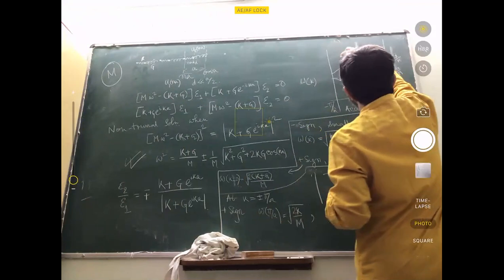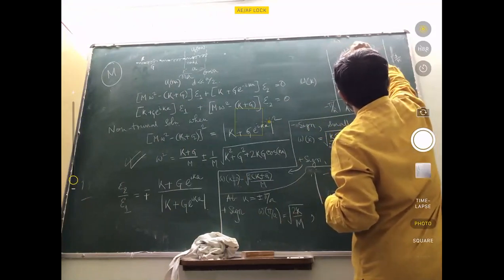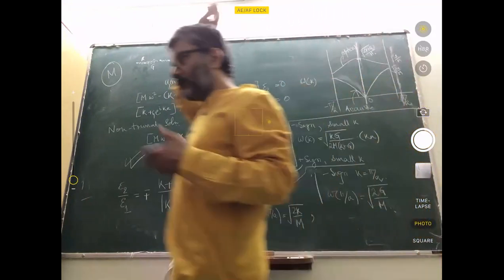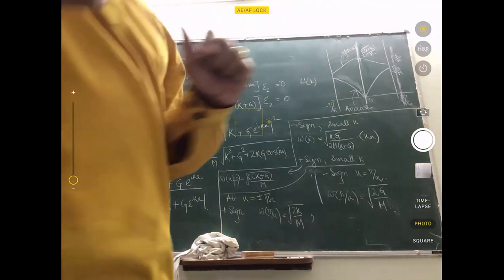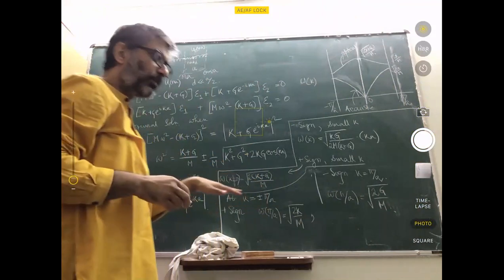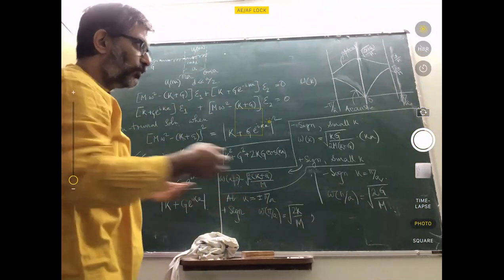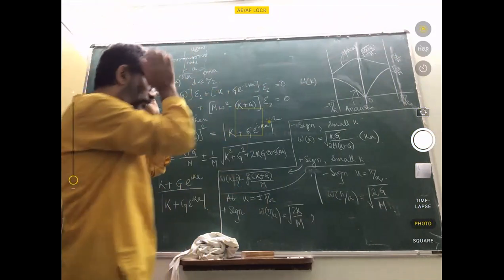And this branch is called the optical branch. This is called the optical branch because in actual three-dimensional crystals, particularly insulators, these branches play an important role in many optical properties of these materials. They respond to external electromagnetic fields and determine many optical properties of these materials.